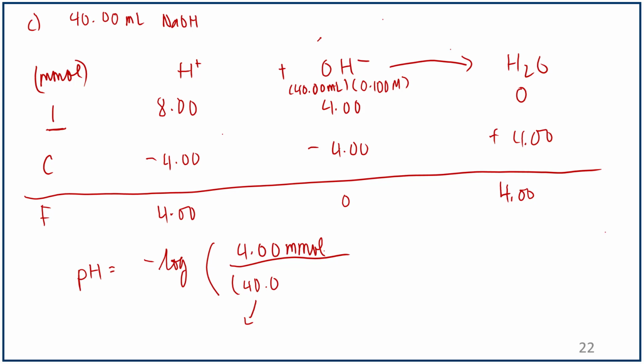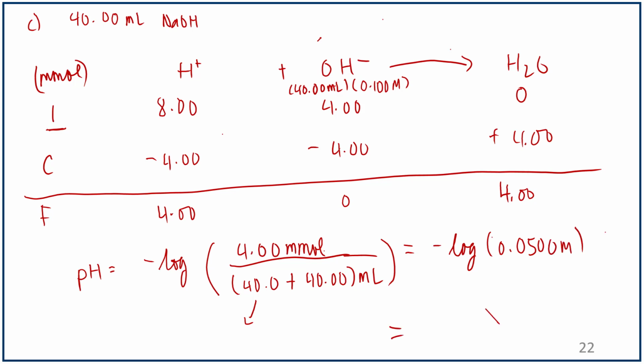Well, H plus is in perchloric acid. Plus 40.00 ml. And that should just give you negative log of 0.0500 molar. And the pH therefore of the solution should be 1.301. We have 3 decimal places because we have 3 significant figures here.